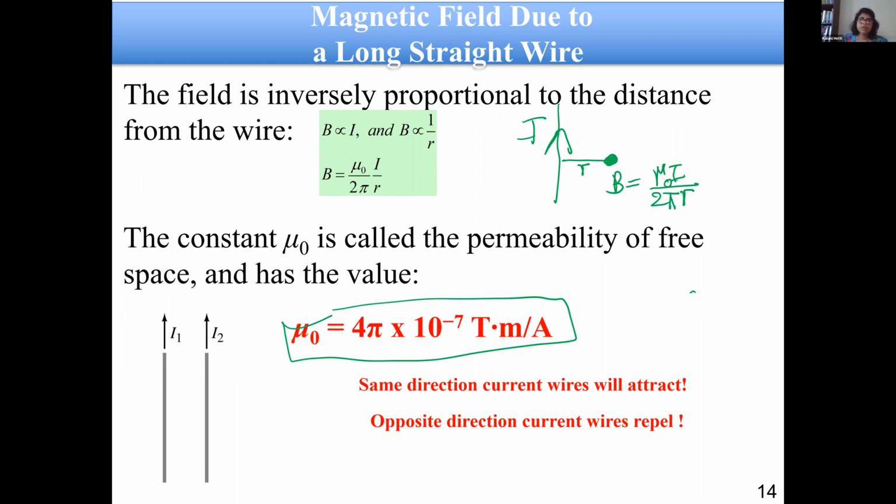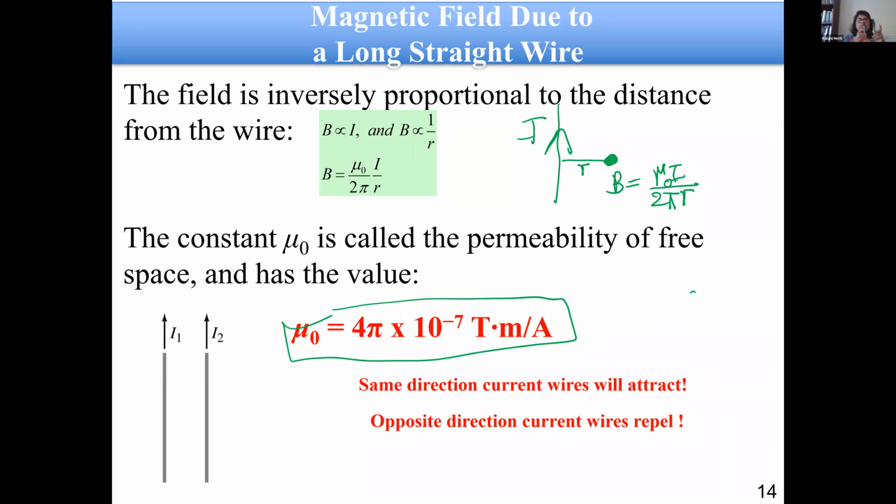Okay, so the next step is two wires. If I have two wires that carry current in the upward direction, then according to the principle we learned, this wire will create a magnetic field on that wire, and that wire will create a magnetic field on this wire.